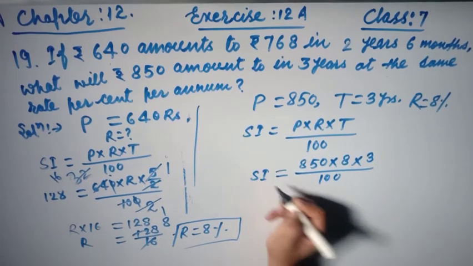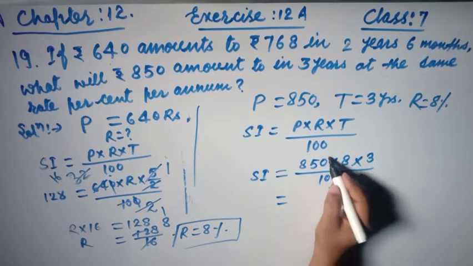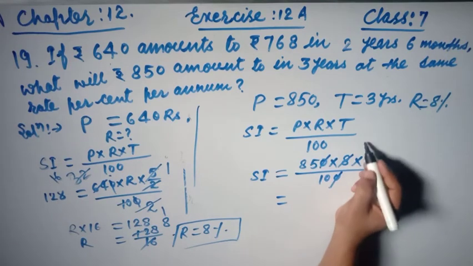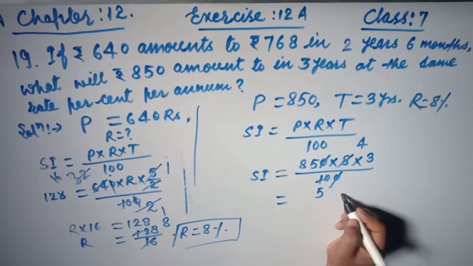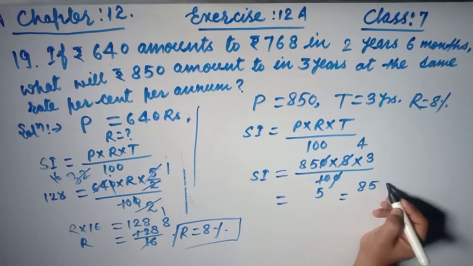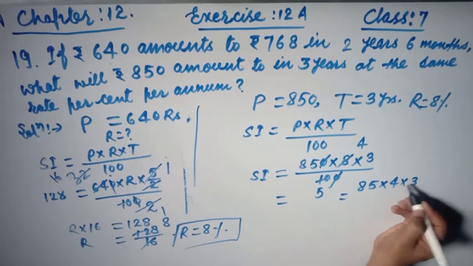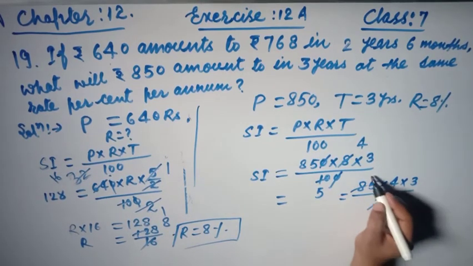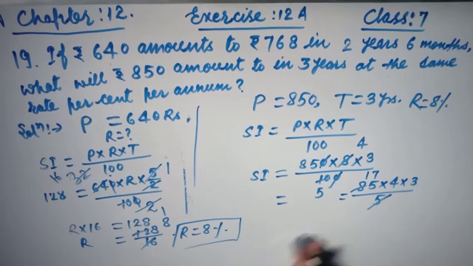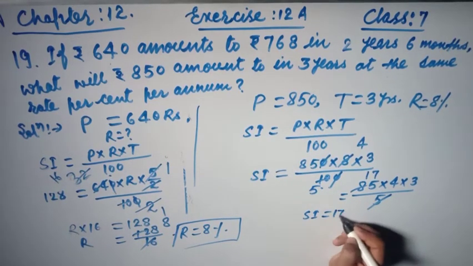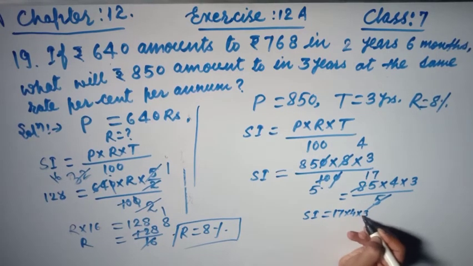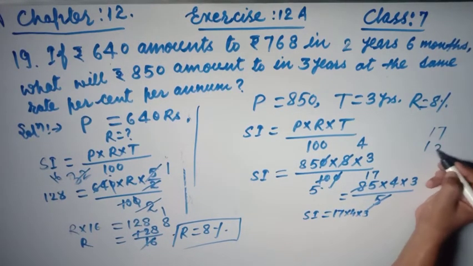Now the zeros will get cancelled, and 2 fours are 8, 2 fives are 10. So now we get 85 multiplied by 4 multiplied by 3 divided by 5. Five ones are 5, five sevens are 35. So SI is equal to 7 multiplied by 4 multiplied by 3. So this is 70 multiplied by 12.